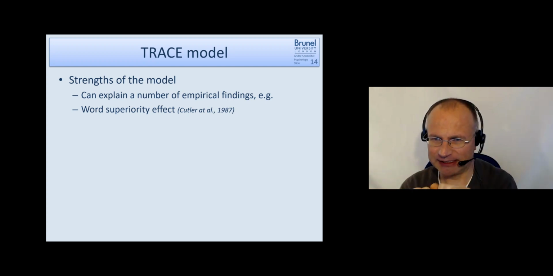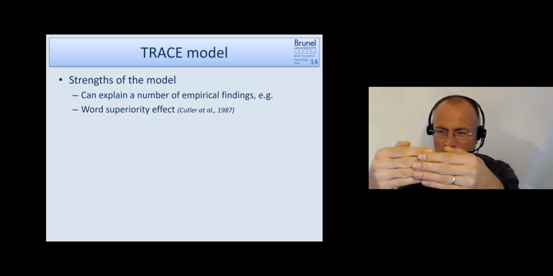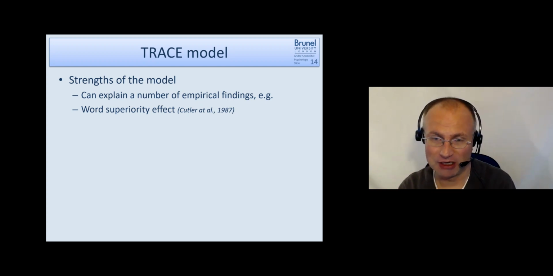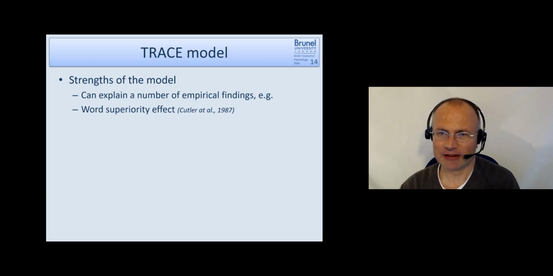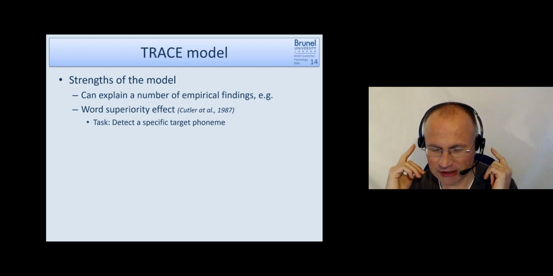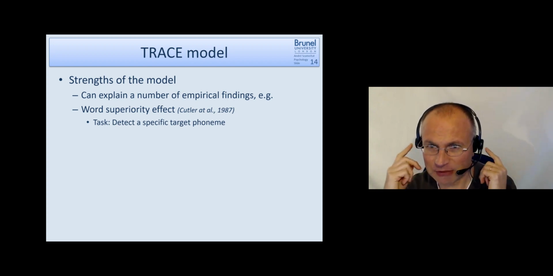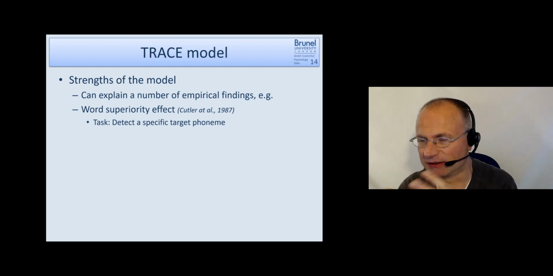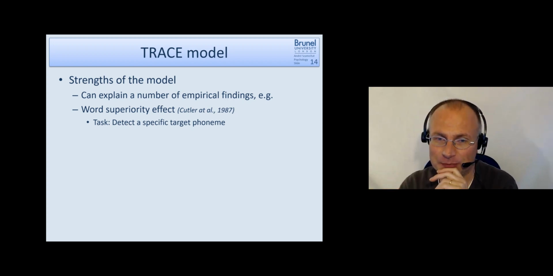It's easier to identify the letter when it's part of a word than when it's on its own or part of a non-word. The same happens in the auditory domain. So the task is, when you listen to an auditory stream, to detect a specific target phoneme. Could be an a, a t, a b, whatever.